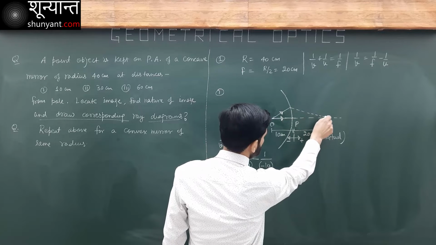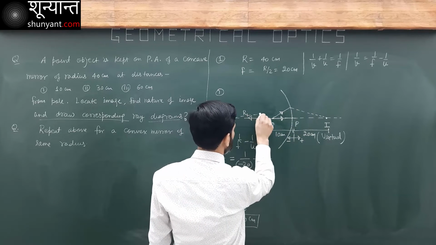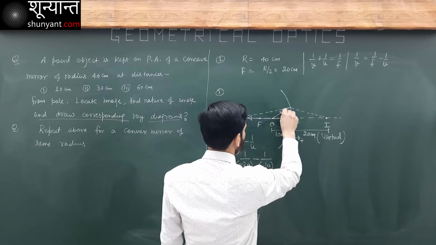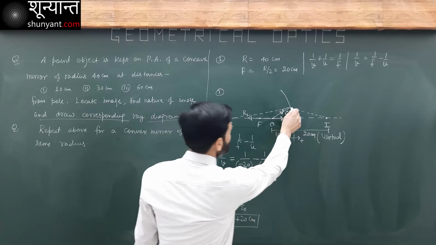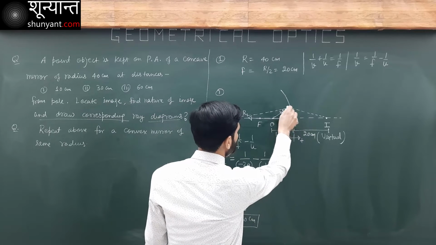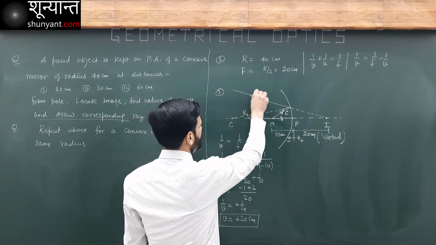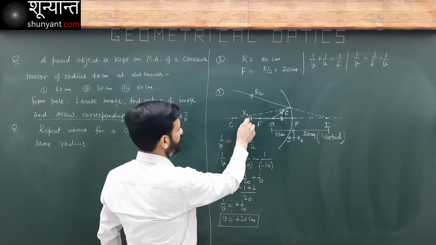Understand this very, very well. This is going to be my angle of incidence here, I. Light will be reflected like this. This is the first reflected light, R1.